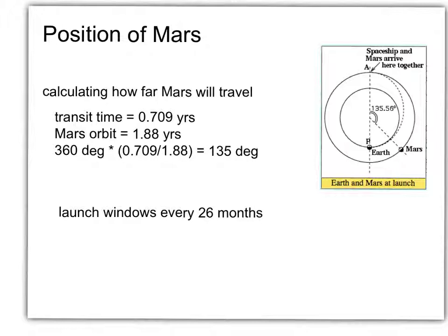The upshot of this is that we can really only launch missions to Mars every 26 months. There's a launch window that opens up because it takes 26 months for the Earth and Mars to get into this kind of orientation. Then it's the best time to shoot off the rocket, and they will rendezvous here. And then we have to wait another 26 months before we can do it again.